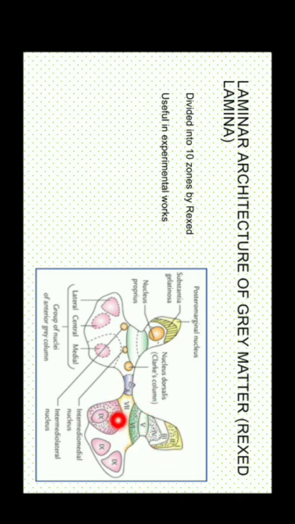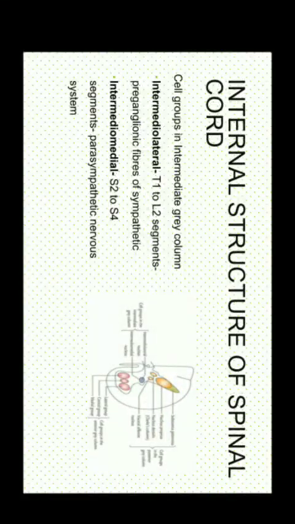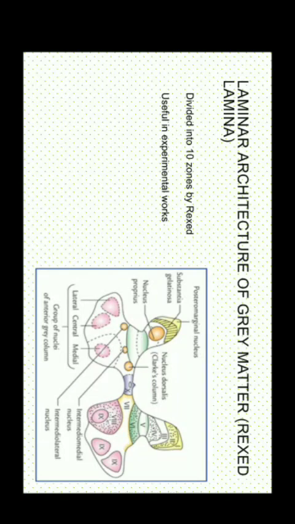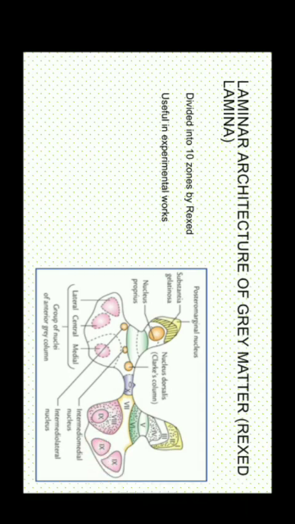Nucleus dorsalis, intermediolateral and intermediomedial nucleus correspond with the 7th lamina. And the medial, lateral and central groups of the anterior column correspond to the 8th, 9th, 10th lamina.